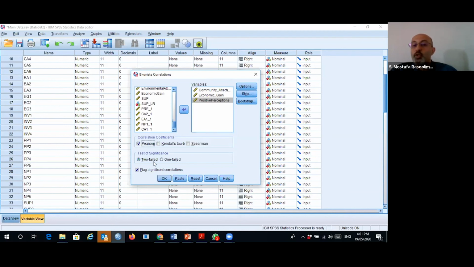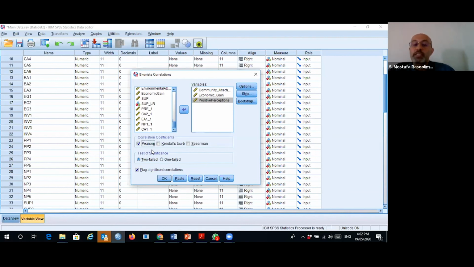Here you can also use two tail and one tail. Two tail, if you didn't hypothesize the relationship, doesn't matter, because you don't want to see the result of a test, you only want to see a relationship.